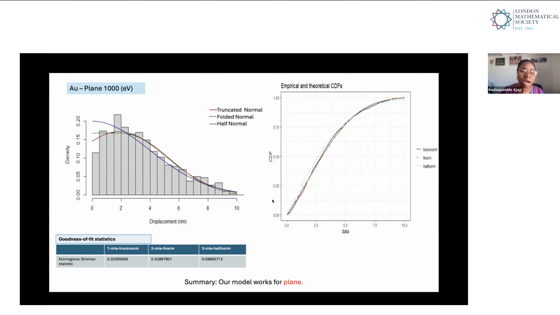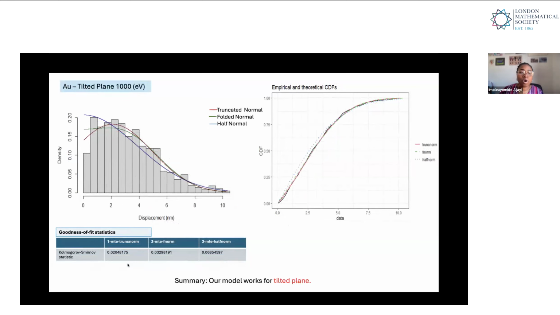And we didn't stop there. We used goodness of fit statistics, which tell us how each model fits the data. We usually use the lower number; the lower number means that the model fits better. So for the Kolmogorov-Smirnov statistics, the lowest number is for the truncated normal distribution, and it means that it fits the distribution for the plane properly.